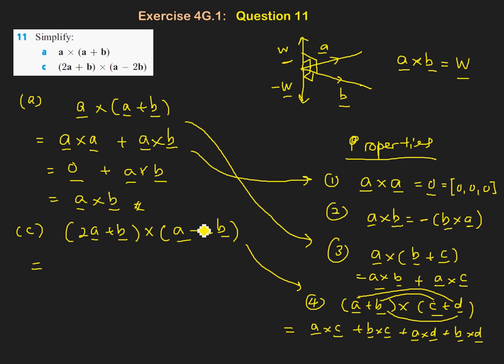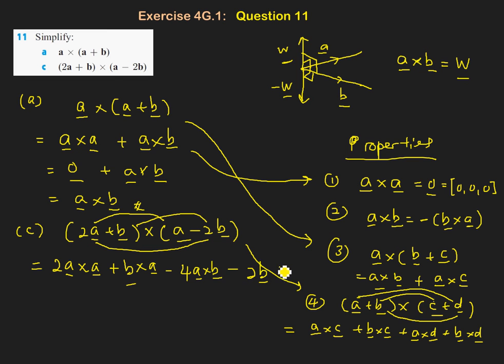It's kind of like expanding the binomial: 2A cross A plus B cross A minus 4A cross B, and minus 2B cross B. I leave this exciting part to you.